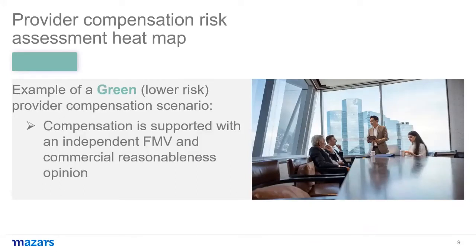Here's an example of green, or a lower risk provider compensation component that would be considered when mapping out your provider compensation contracts. So compensation in this scenario would be supported with an independent fair market value and commercial reasonableness opinion. So as an outside vendor, I would be able to come in as an independent and free from bias source.